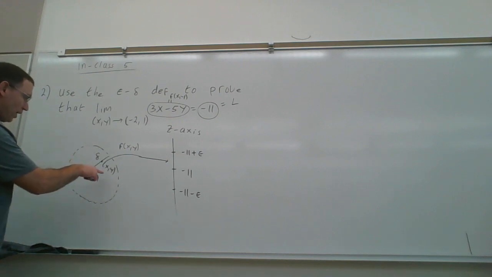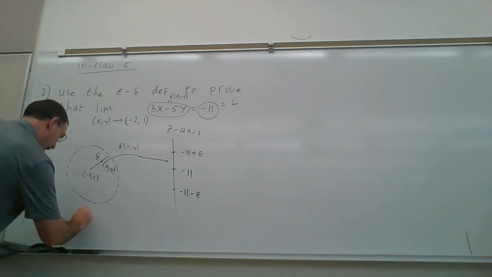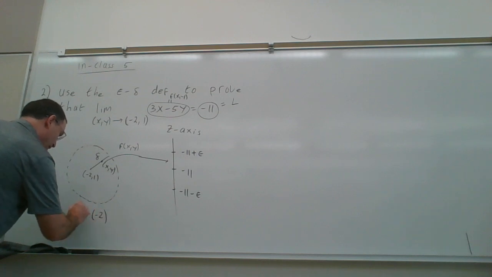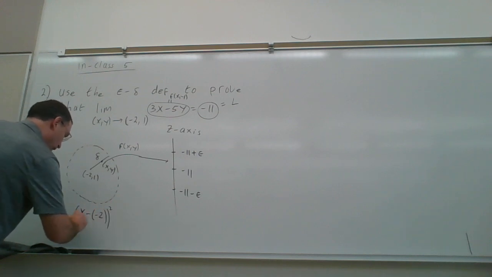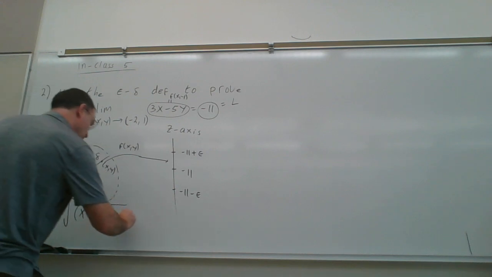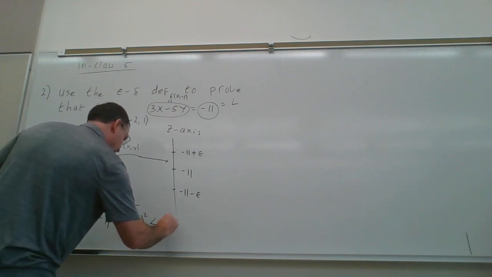So the distance between (x,y) and (-2, 1) has to be less than delta. So you can say that as the square root of (x minus minus 2) squared, the difference in the x values squared, plus the difference in the y values, (y minus 1) squared, is less than delta.